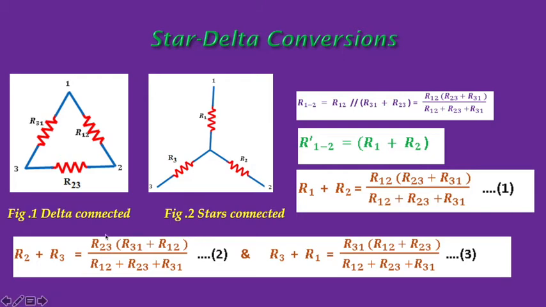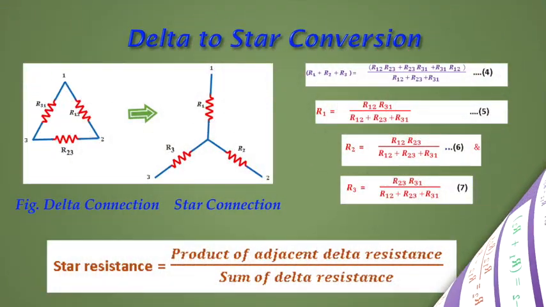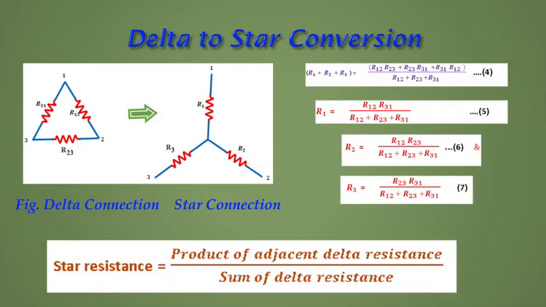Similarly, if we consider the other two terminals 2 and 3, we get equation 2, and for 3 and 1, we get equation 3.